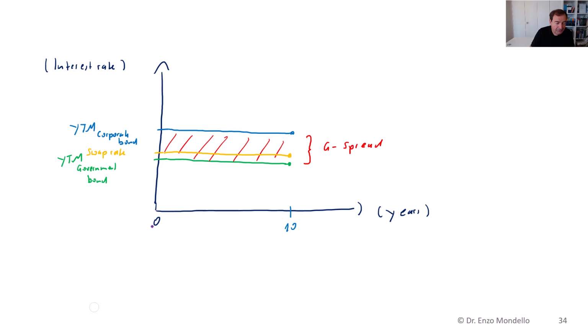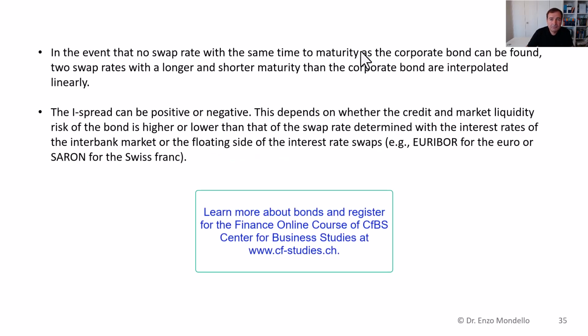And this risk premium is referred to as the I spread. So we can calculate the yield to maturity of a corporate bond either using as a risk-free rate the yield to maturity of a government bond or the swap rate.